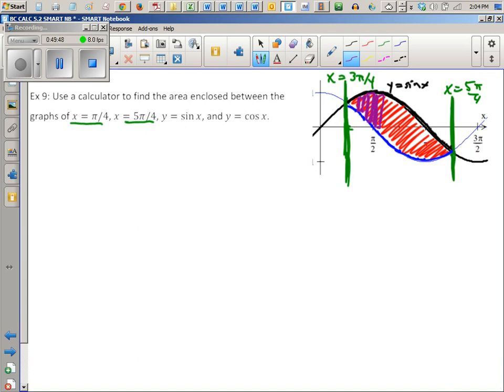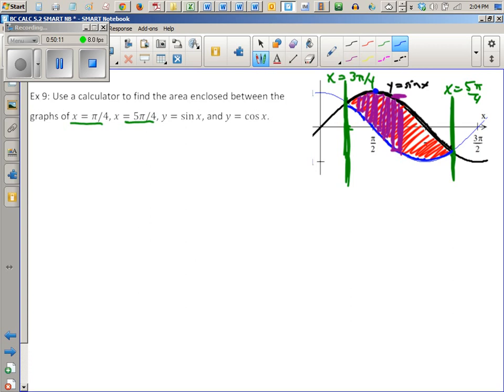The top and bottom of the rectangles are not the sine wave and the x-axis, but rather the sine wave is the top of the rectangle, and the cosine wave is the bottom of the rectangle, see? So the heights here, each height is basically sine minus cosine.